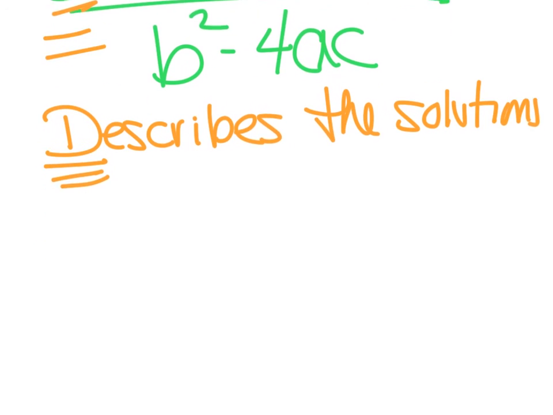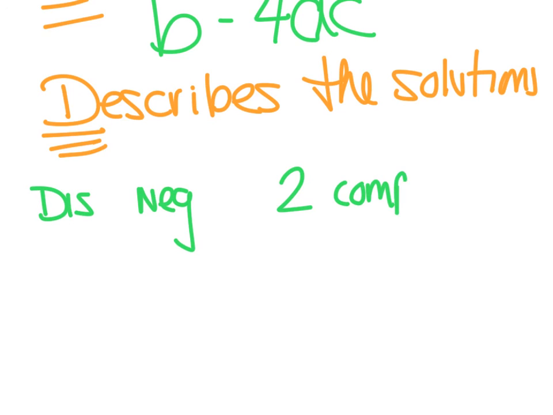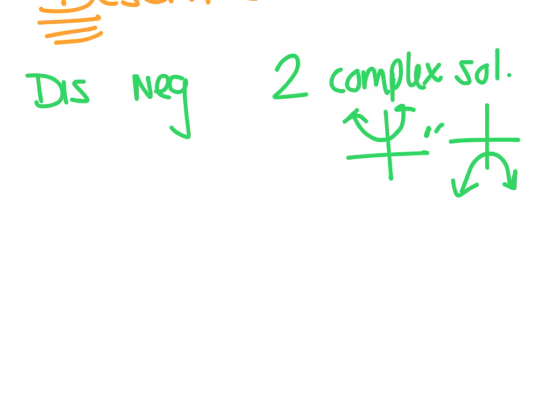So let's just review what we could have. If the discriminant is negative, we know there are 2 complex solutions, and the graph is either going to sit completely above or completely below the x-axis. It should never touch. So the summary should be in your notebook.